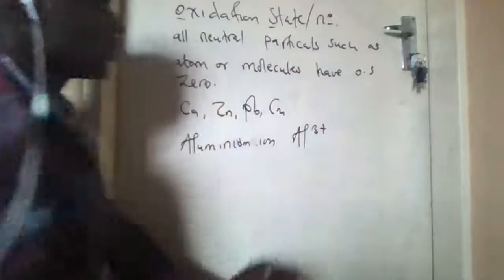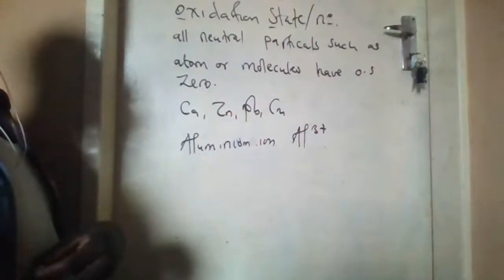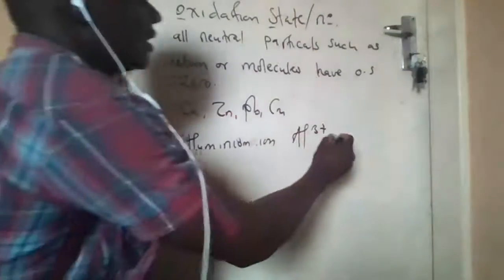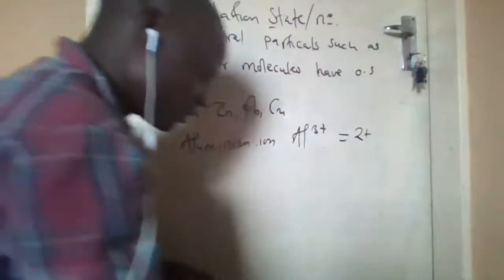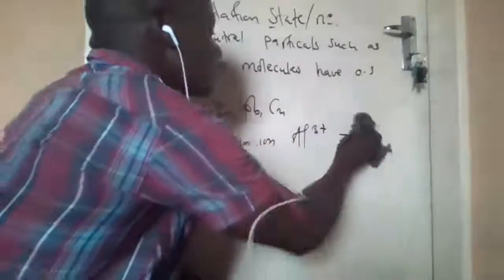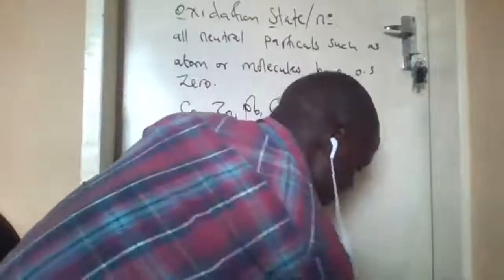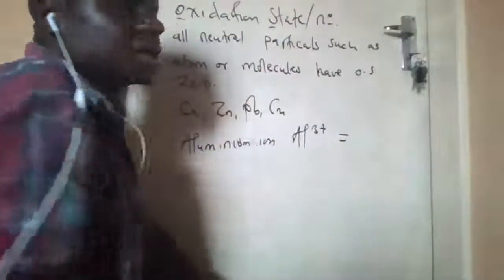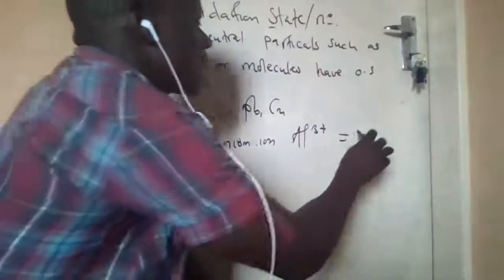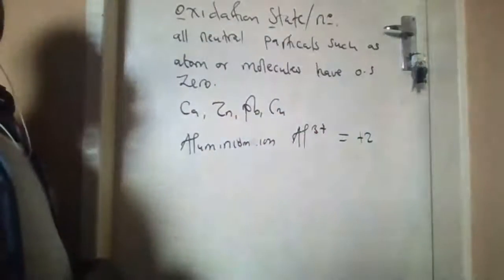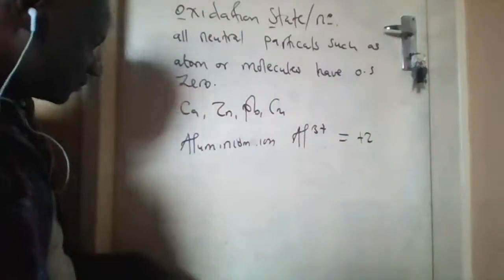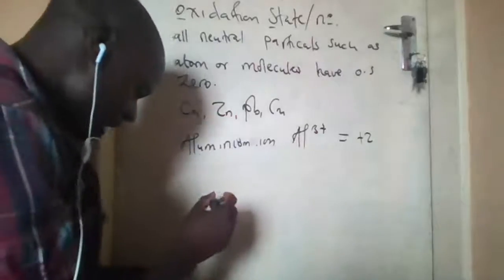Remember, the charge of an ion indicates the oxidation state. Oh, no. The oxidation state actually is not 3 plus. 3 plus is a charge, but for the oxidation state, you start with the sign. So the oxidation state is +3.